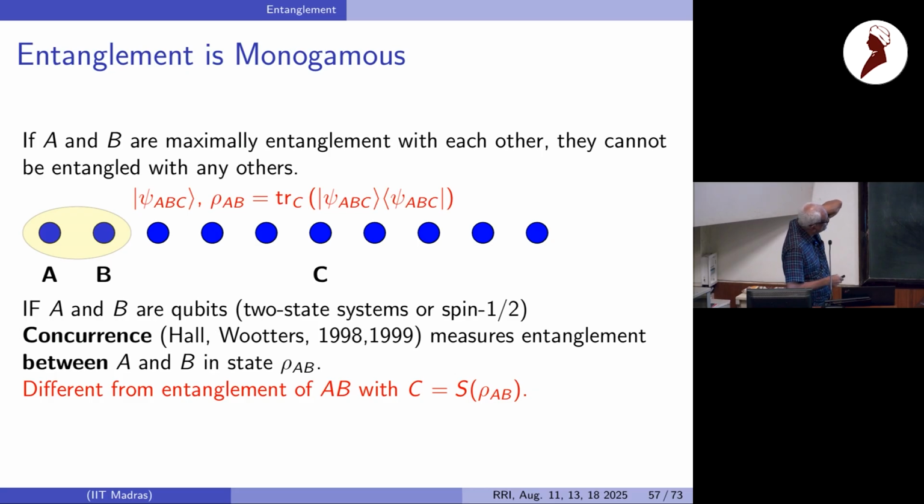Now, if you take a random state like this, we know that there will be a large entanglement between A, B and the rest of it, and therefore there will be a small entanglement between A and B because of, again, monogamy. So you can expect random states to be something where entanglement is spread in some multipartite manner, but there is no entanglement between small subsystems because of the monogamy of entanglement.